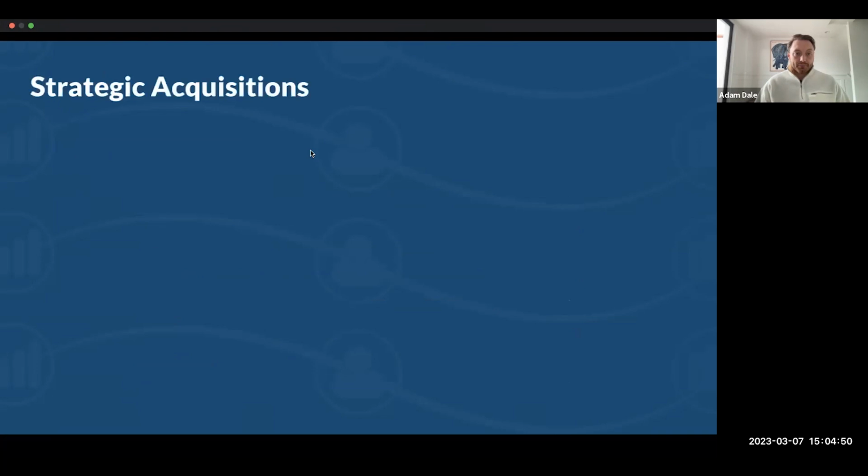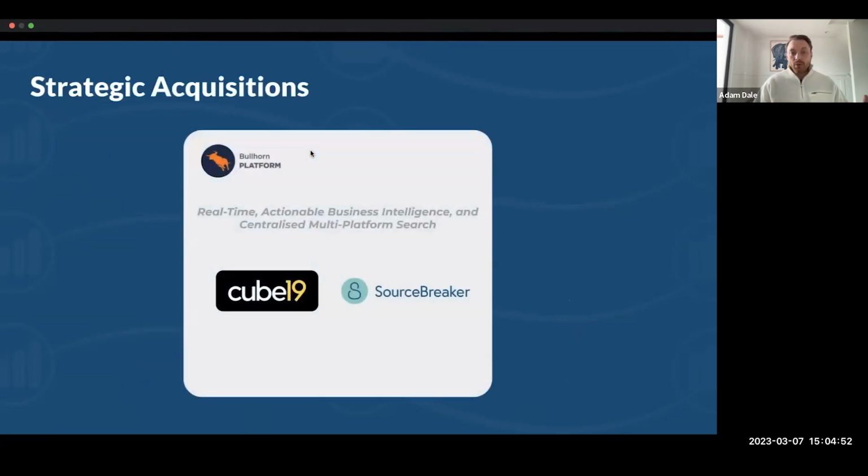One of the things we wanted to talk about is, as we mentioned in our intros, both Cube19, now Bullhorn Analytics, and SourceBreaker previously were partners of Bullhorn, working within the marketplace. And since November 2021 for Cube19 and July 2022 for SourceBreaker, there have been 2 strategic acquisitions for the Bullhorn business.